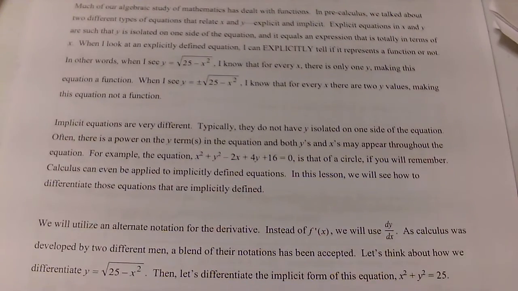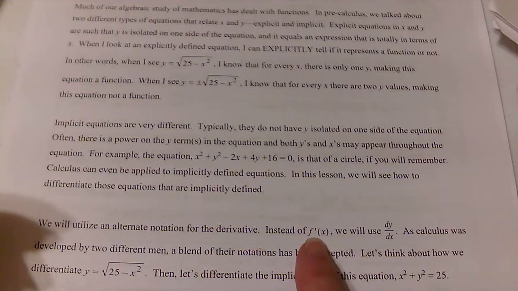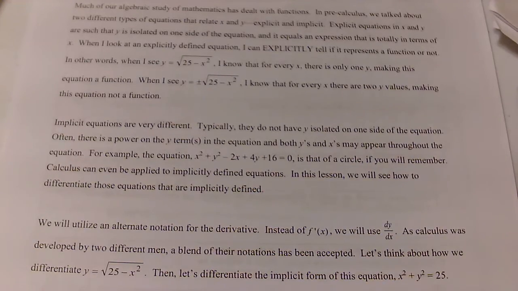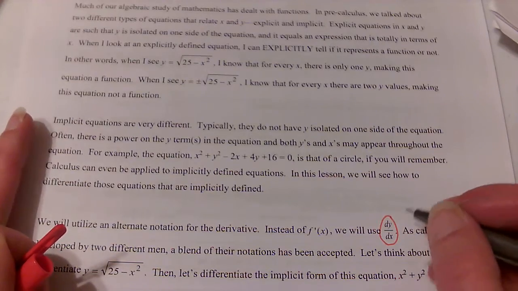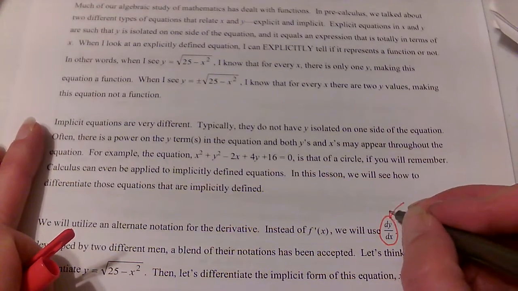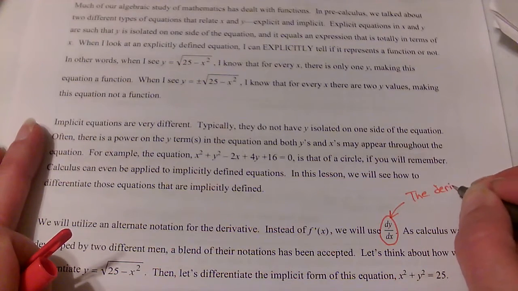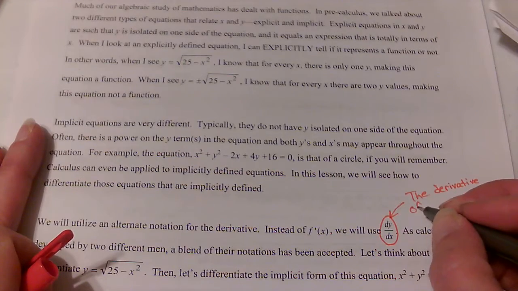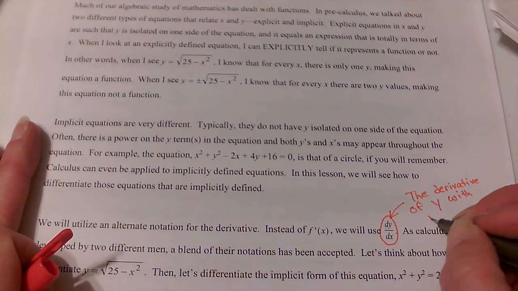To do this, we're not going to be using f of x because we're not using function notation. So instead of finding f prime, we're going to be using the notation dy dx, which is an alternate way to say the derivative, and it specifically means the derivative of y with respect to x.